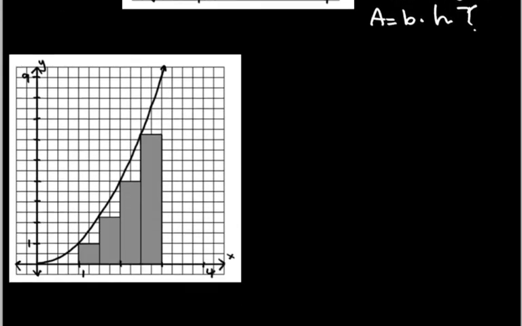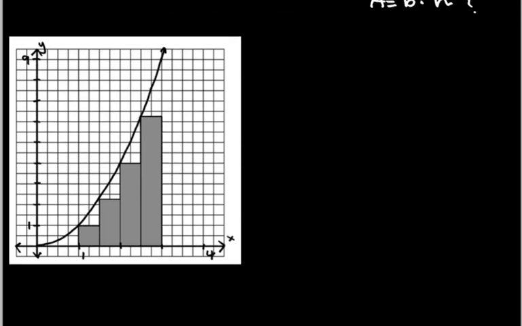So let's look at this for example and just do stuff with it. Here we have f of x equals x squared, and if we look at what's going on here, we see that there is a certain distance in between each of those. That's going to be our base.